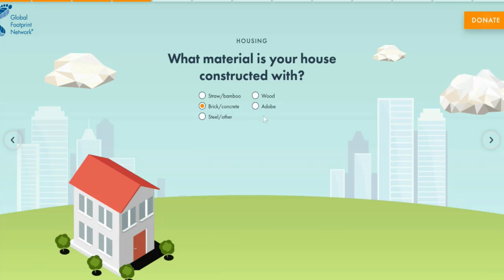And we'd expect that to have a bit of a higher footprint than, say, brick or concrete. And for those of you who are wondering what adobe is, this is effectively a mud brick. So if you think about thatched houses, you'll probably be thinking of an adobe house. Now, in terms of my selection, my house is made of brick, and the way that bricks are manufactured is that we go and collect clay.